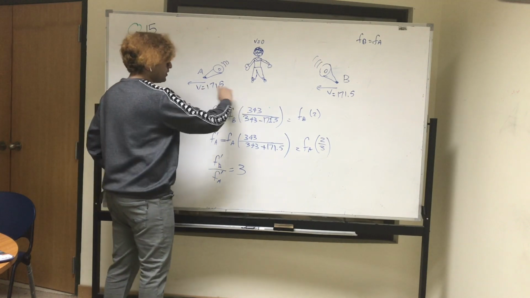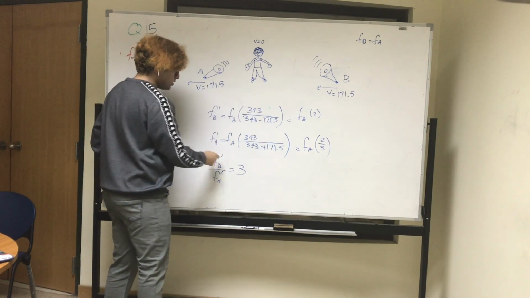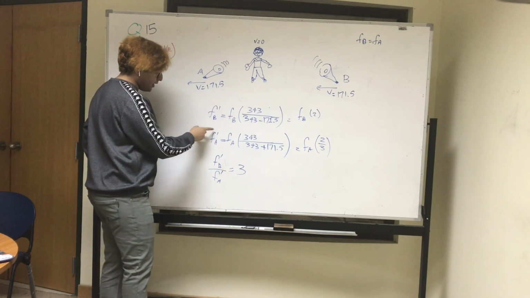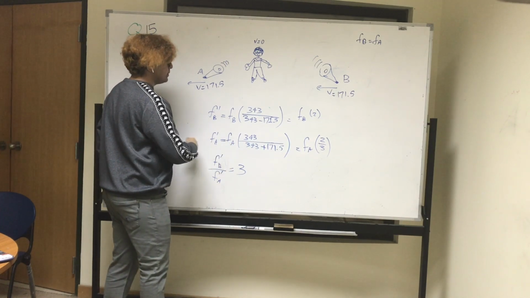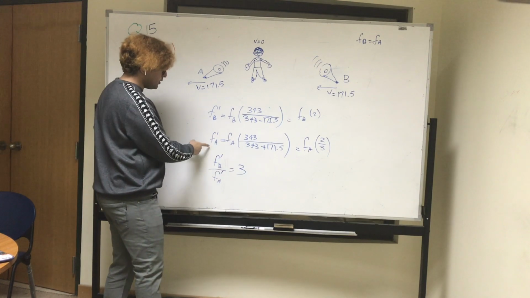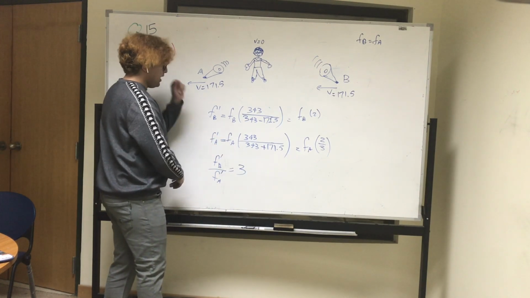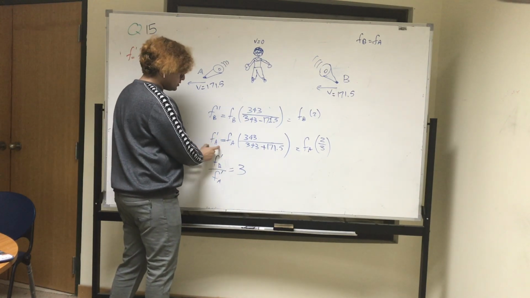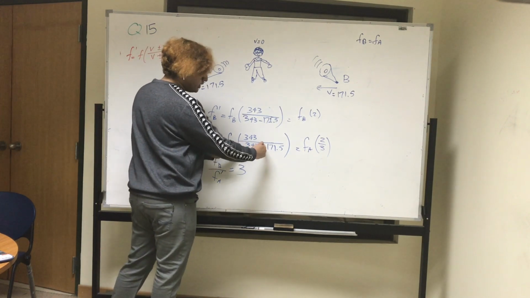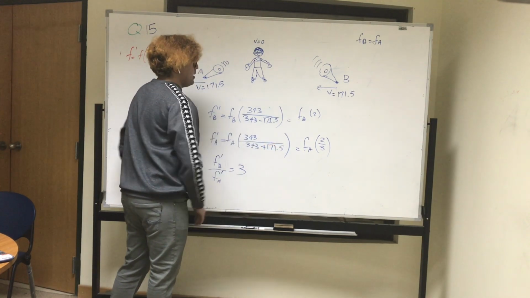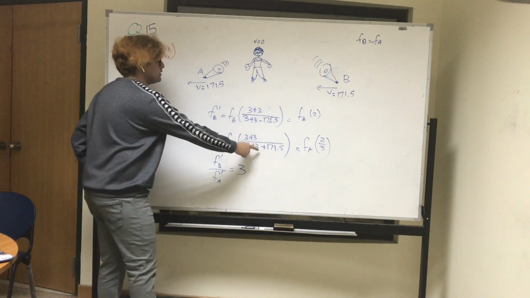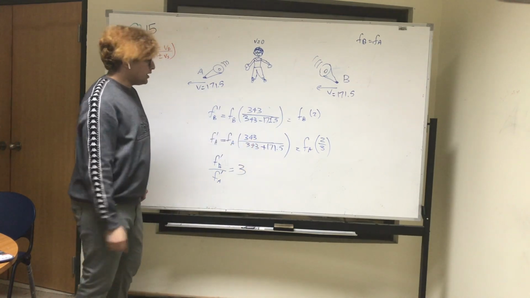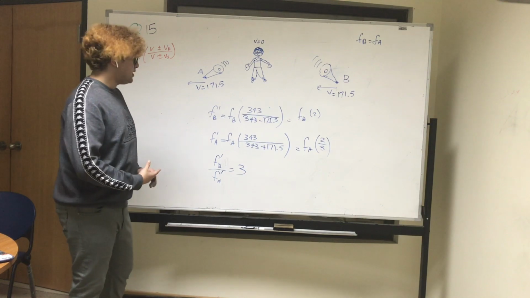Since the source is moving away from the detector, f prime must be smaller than f. How can we make this number small? We try to make the denominator bigger, and we can only do that if we add a plus sign here. If you add a negative sign here, that's going to make it smaller.